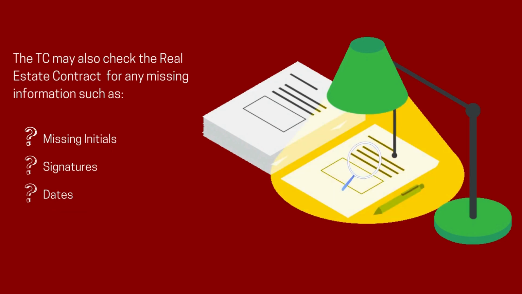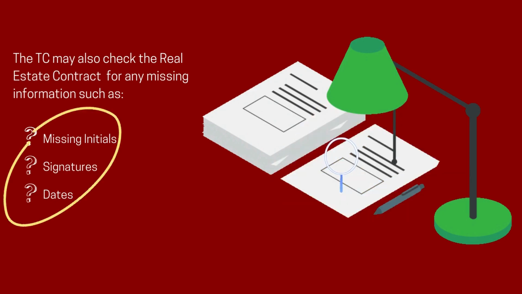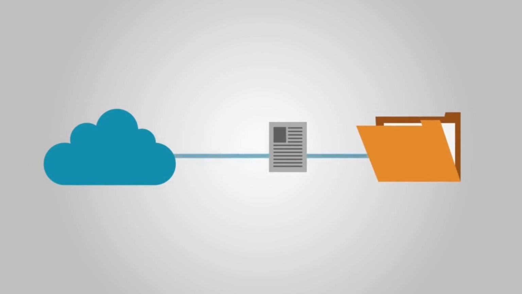This is typically done electronically. Once the information has been completed and recorded, the TC will electronically file the information in the TC management system and or compliance.